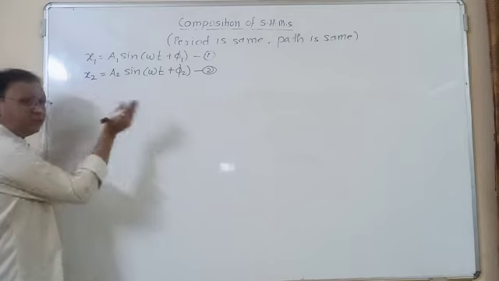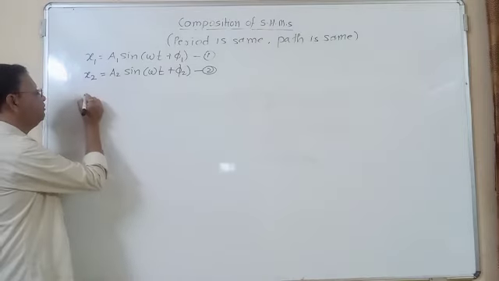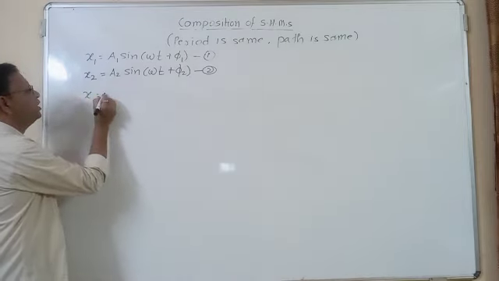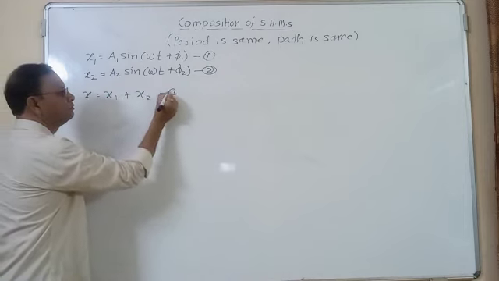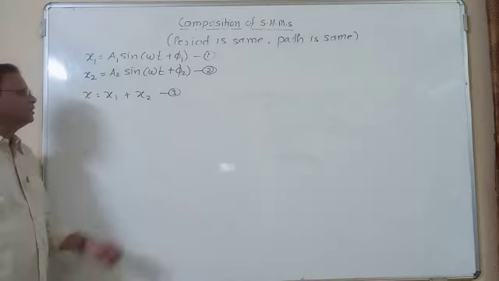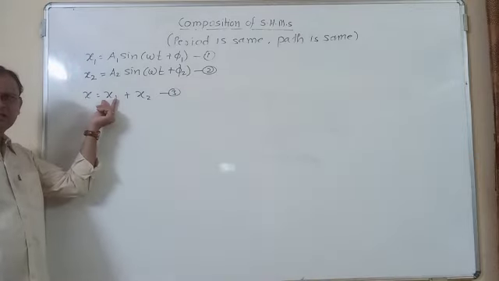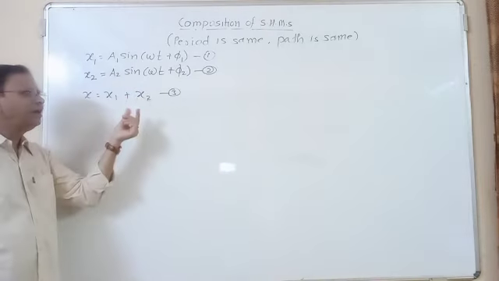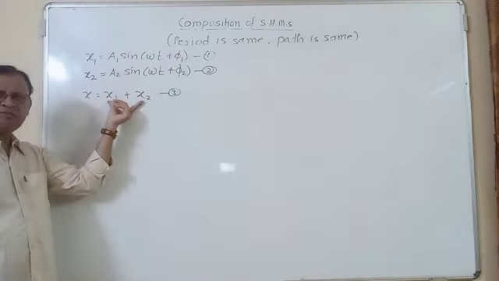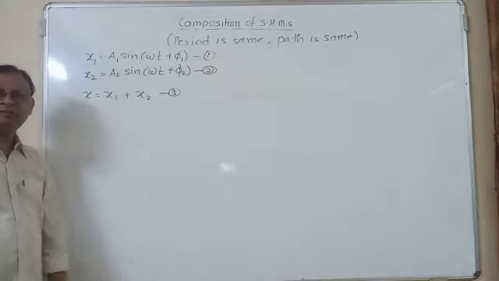Now, the resultant displacement of the particle, according to the principle of superposition of waves we have studied, is x equals x1 plus x2. The displacement due to the first S.H.M. plus the displacement due to the second S.H.M. is the resultant displacement of the particle.